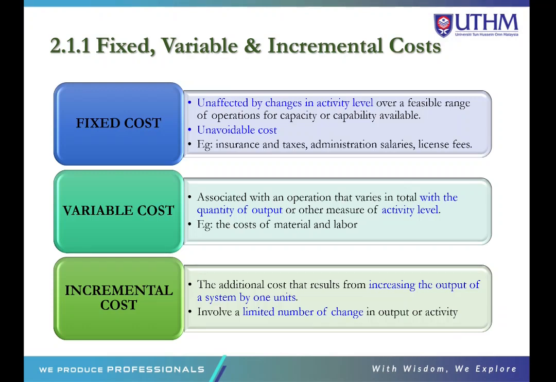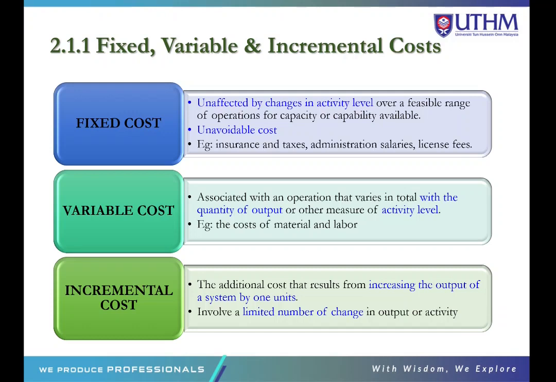For example, it is an unavoidable cost, such as insurance and taxes, administration, salaries, license fees, and so on. We consider the fixed cost as constant or unchanging regardless of the level of output or activities. We will look into a simple example to make it more clear for you to understand.